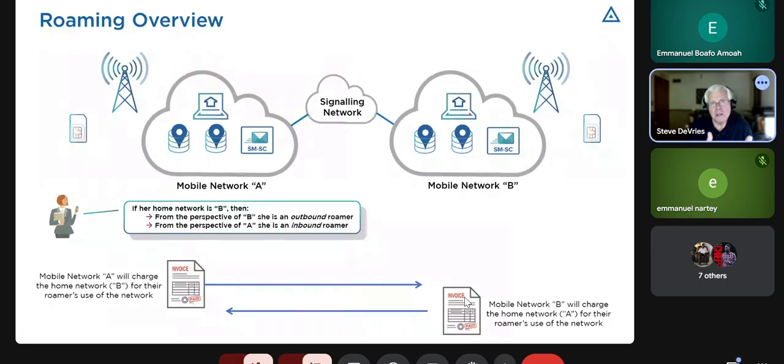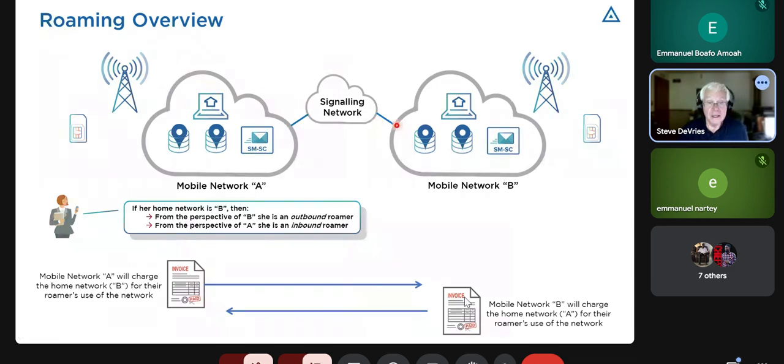That means signals can go between these networks, for things like updating your location. If her home network is B and she is now in mobile network A, the visitor location register here has to send a signaling message to the home location register here, just like we saw a couple slides ago.